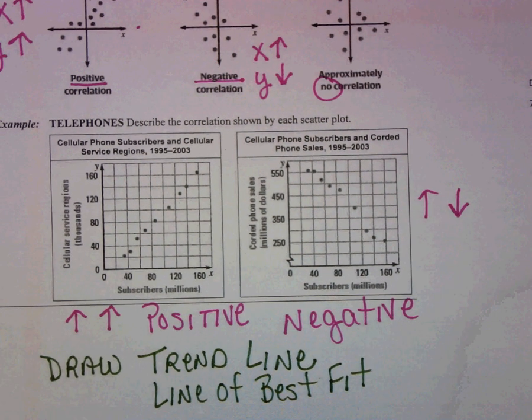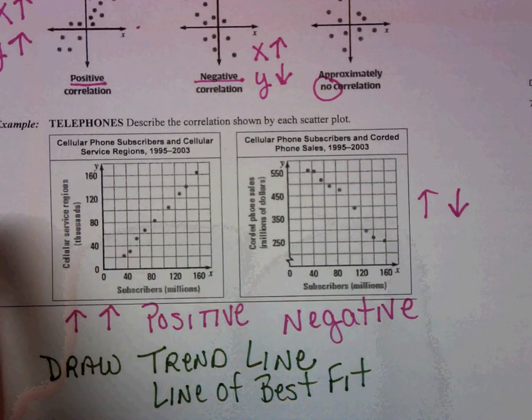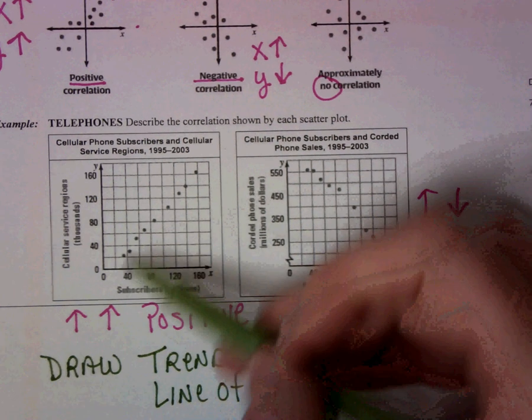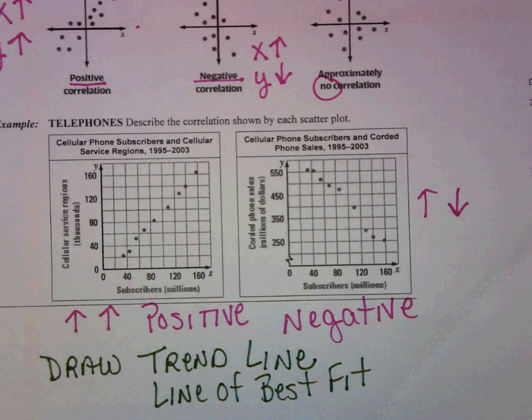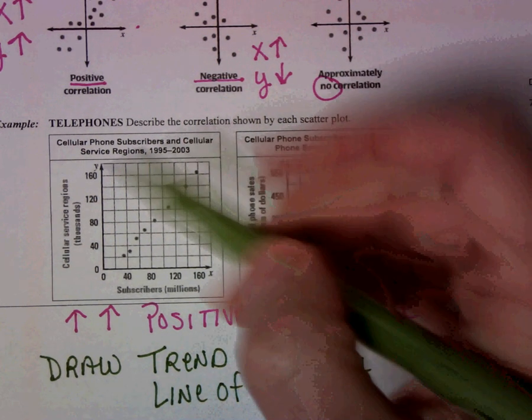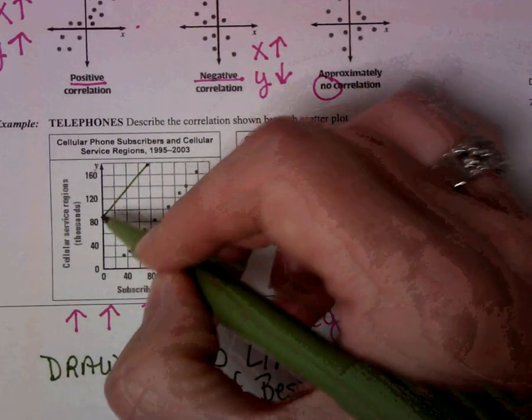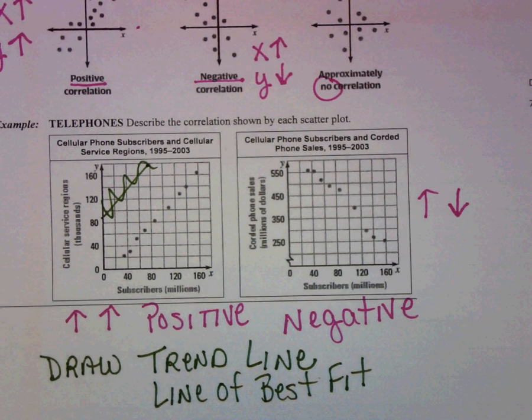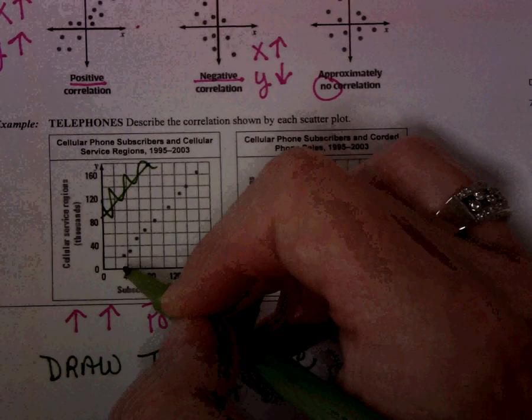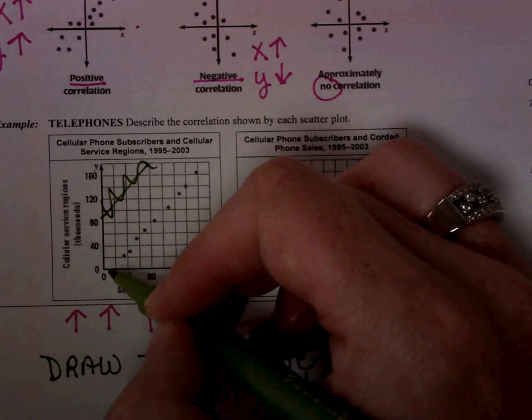Okay, these points are all really close together. We want to try to get as many of the points on that line as possible. For example, I wouldn't want to draw a line right there. Okay, that doesn't have any of the points on it, so that wouldn't be good. But I want to try to draw it so as many of the points are on the line as possible.